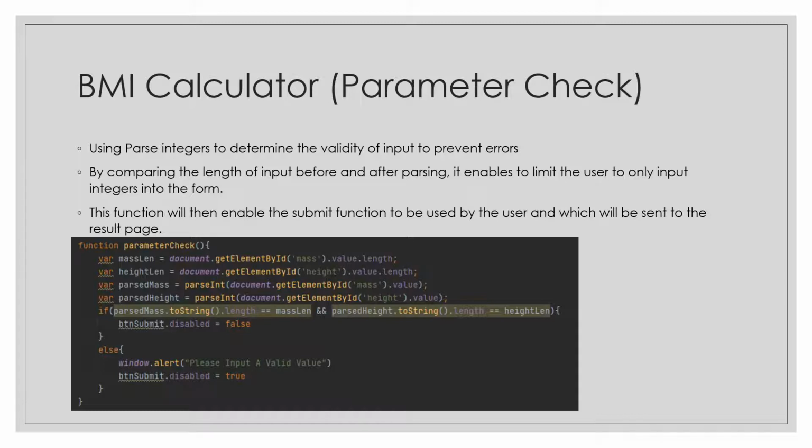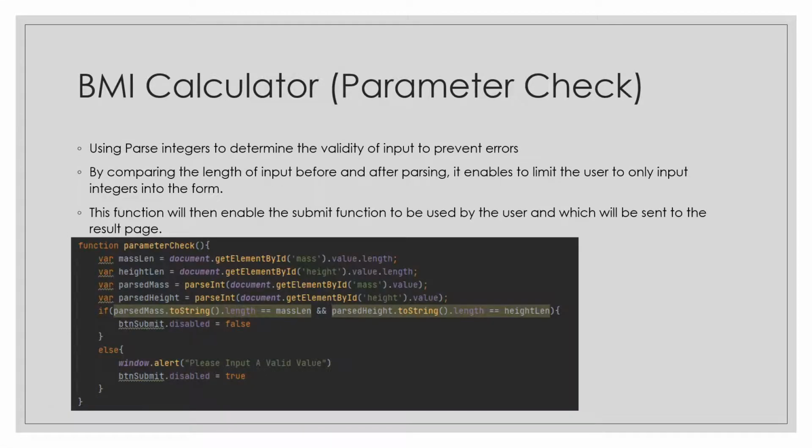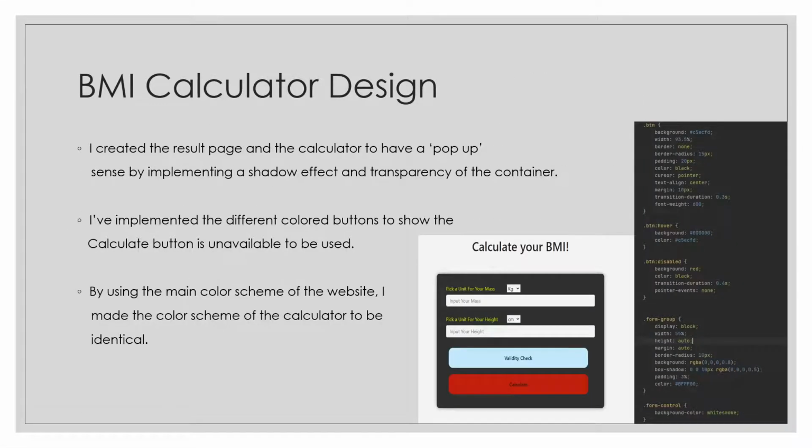And this function will enable the calculate submit button to be used by the user. From the previous slide, I indicated the calculate button as red to show that it is not able to be used. It's disabled.